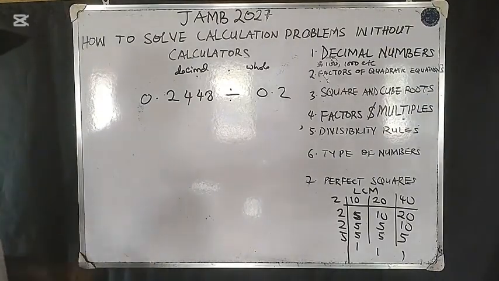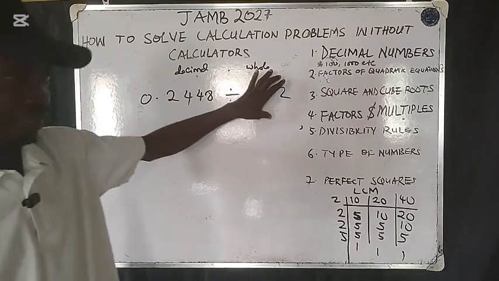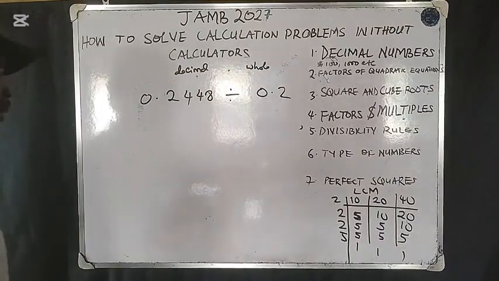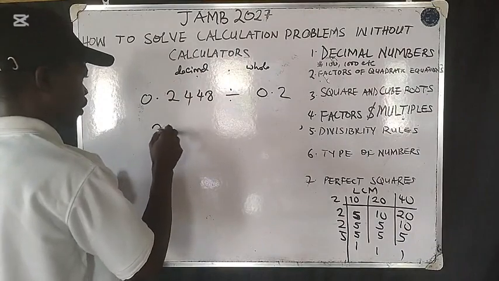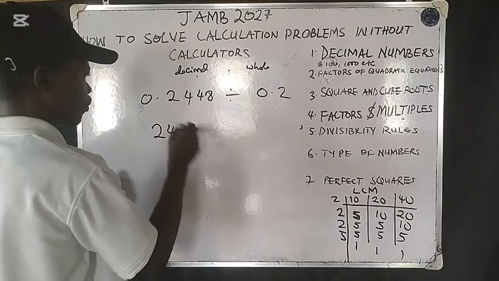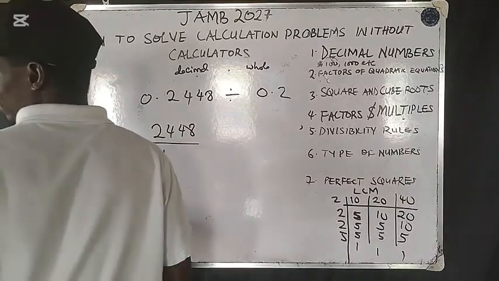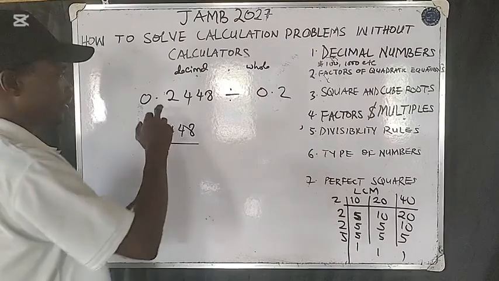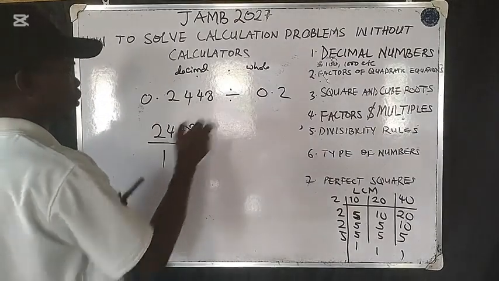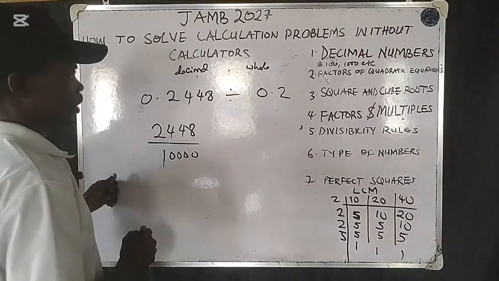All we just do is to change this number to a fraction and change this one to a fraction at the same time. To change this number to a fraction, write it as if it's a whole number, but write it over 1. After the decimal point, how many digits? 1, 2, 3, 4. So put 1, 2, 3, 4 zeros.